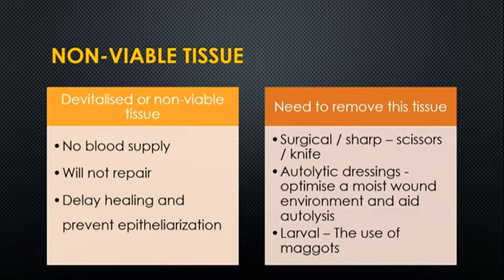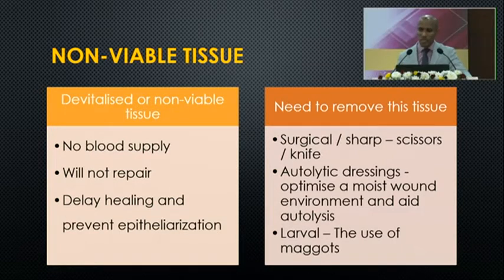It can either be sharp or surgical dissection, scissors, scalpel, anything you're comfortable with, or dressings which promote autolysis. Because these wounds are dry, the autolytic enzymes in the wounds can't act optimally, so the dressings we use will optimize the autolytic activity.